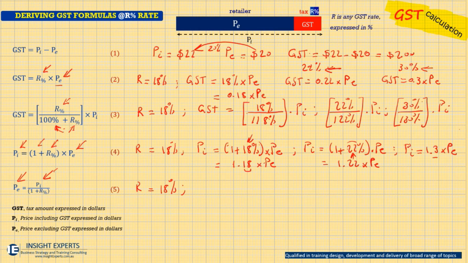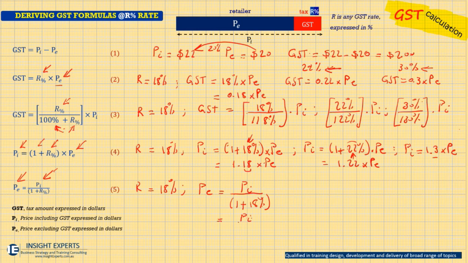So as per equation number 5, PE equals the price after tax, and then at the bottom it's 1 plus the rate itself, which is 18%. Now that equals PI over 1.18.